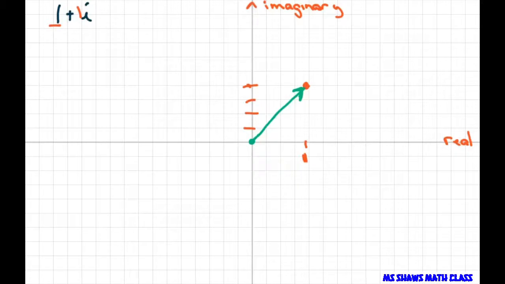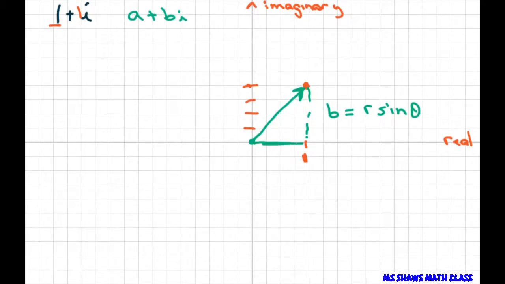This b part, if you're doing a plus bi, is b equals r sine of theta. And this part right here is called a, and that equals r cosine of theta.